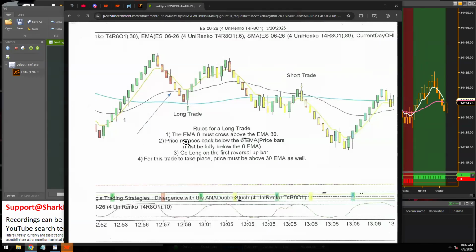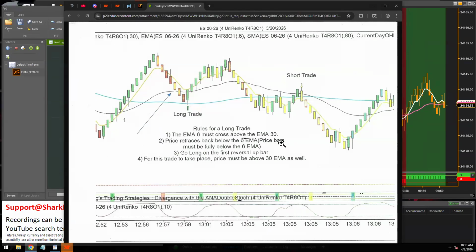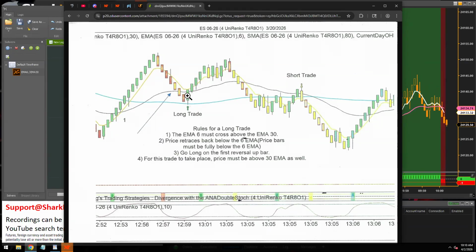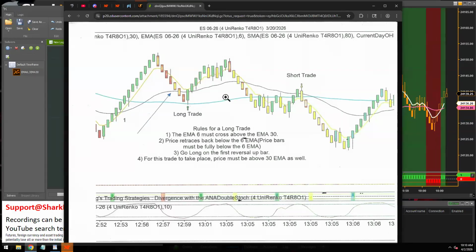Price needs to pull back below the EMA 6. So the bar must be fully below the EMA 6, right? And again, this is for a long. So how do you know if the whole bar is below the moving average? Well, if the high price is below it, then the rest of the bar is below it, right?